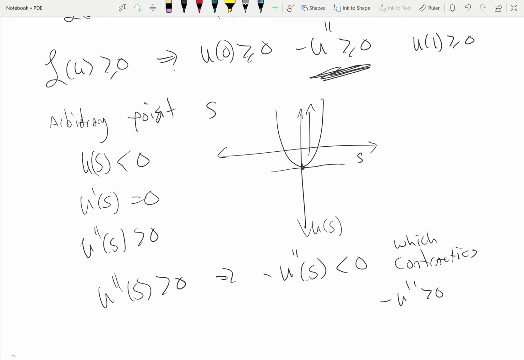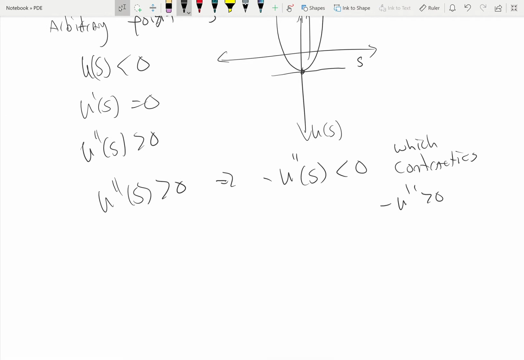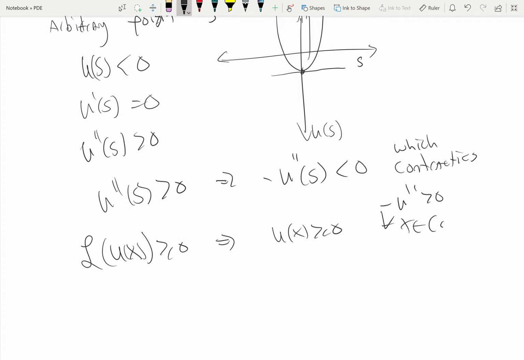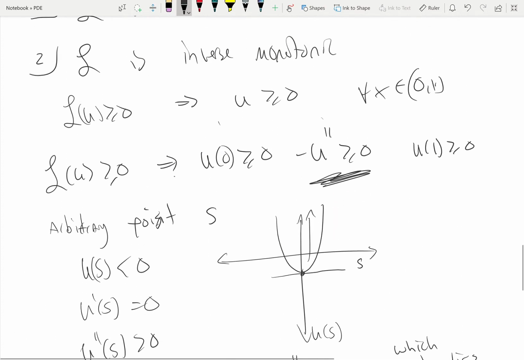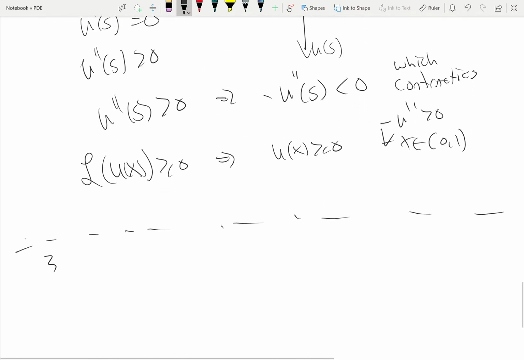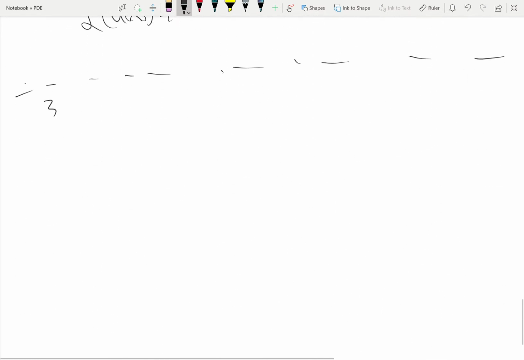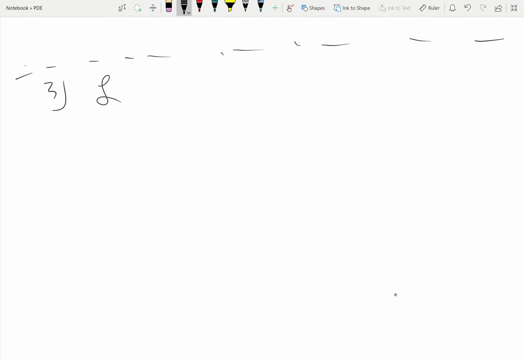So, therefore, we know that L of u of x is bigger than or equal to 0, which implies u of x is bigger than or equal to 0 for all x that exists between 0 and 1. That is, in a nutshell, inverse monotone. But there's a third part that we have to do. And the third part is that we have to show that L of phi of x is bigger than or equal to 1 for x exists between 0 and 1.